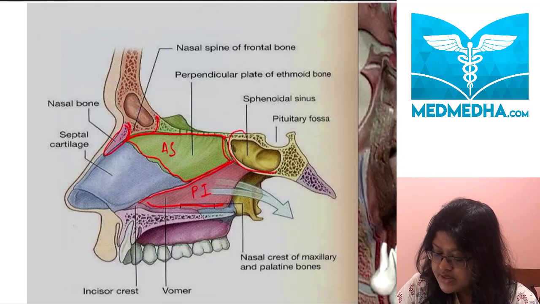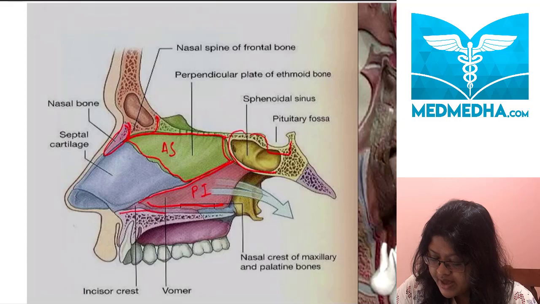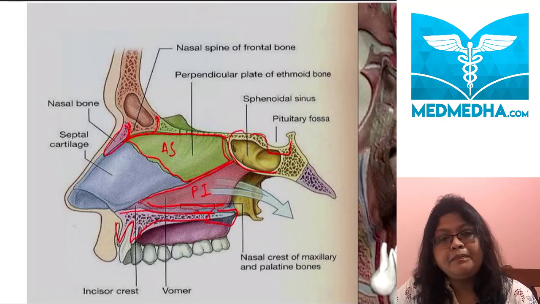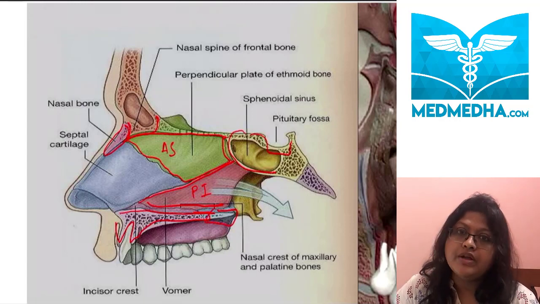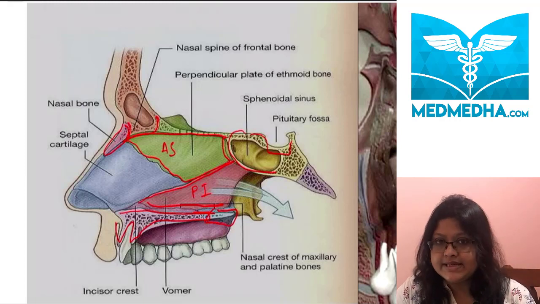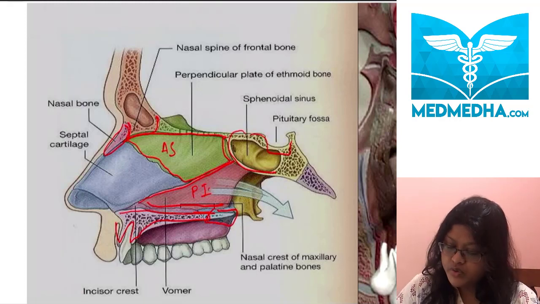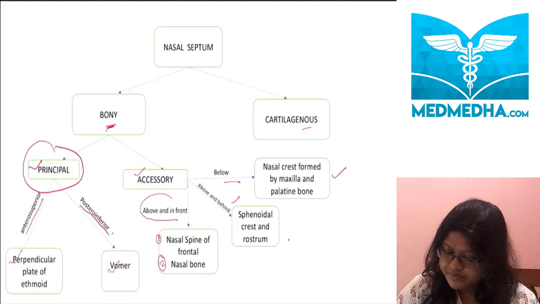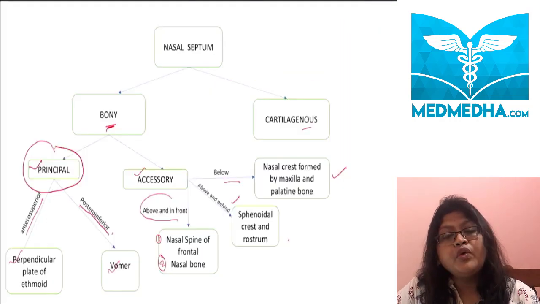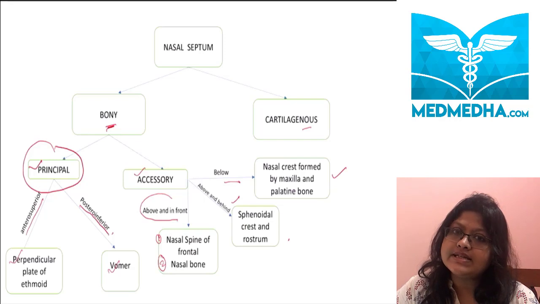Posteriorly we have the sphenoidal rostrum, and inferiorly we have the palatine process of the maxilla and the perpendicular plate of the palatine bone. These two form a nasal crest which articulates inferiorly with the vomer. So, this is the bony configuration of the nasal septum.